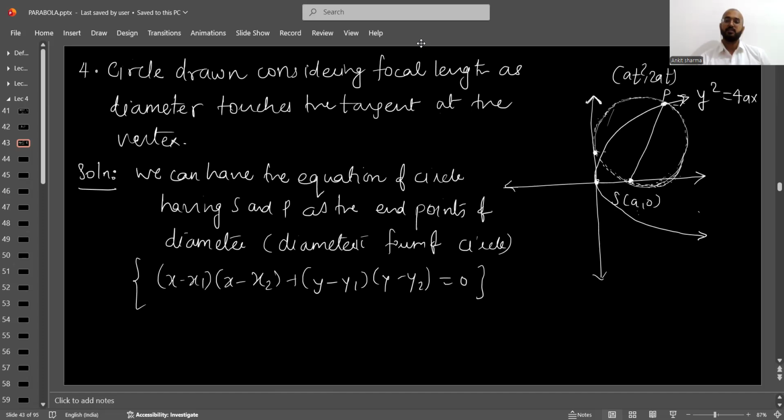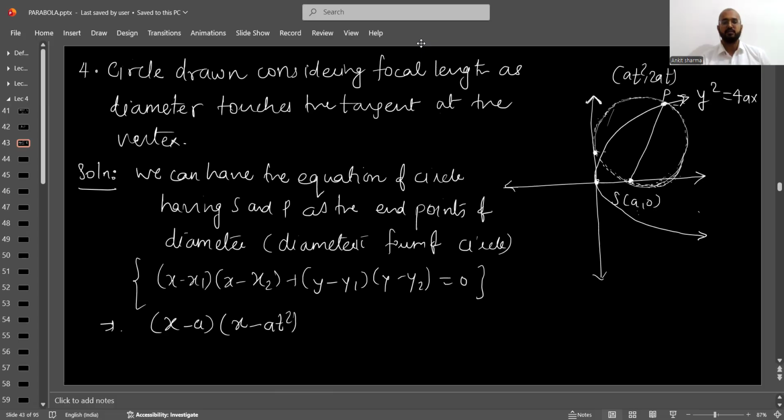Now I can simply apply this to get the equation of this circle. And since I have to prove that this touches the tangent at the vertex, I'll be writing the equation of the tangent at the vertex and then solving with this circle. And I have to show that this has only one common solution. Now what happens? So x minus x1, you can take a, and then the next one is going to be x minus x2, which is at square.